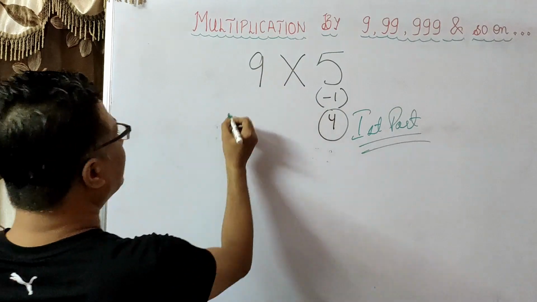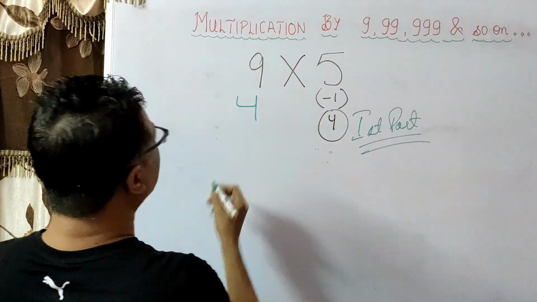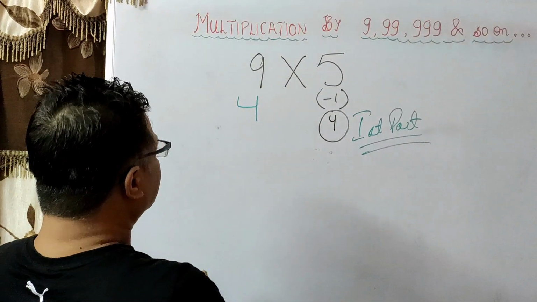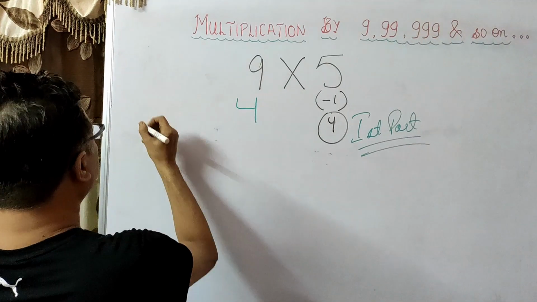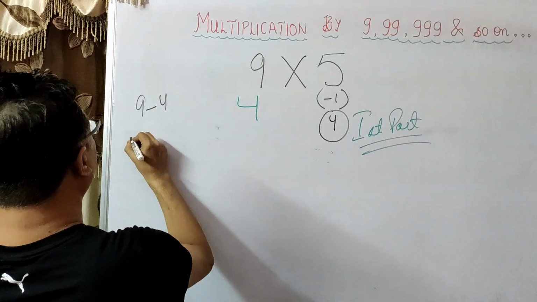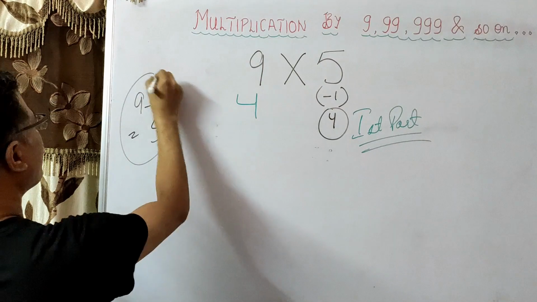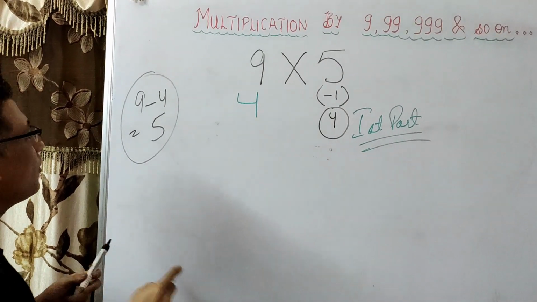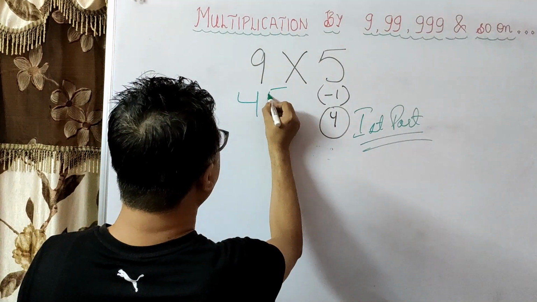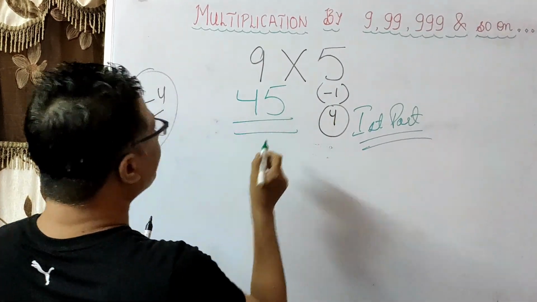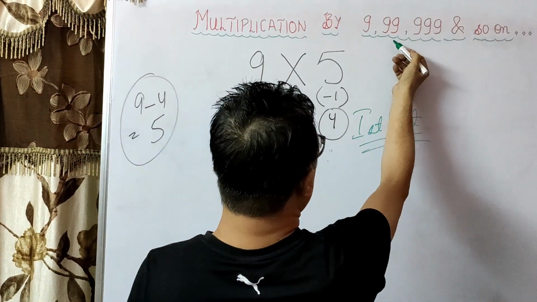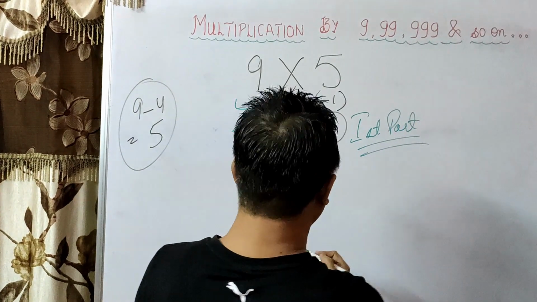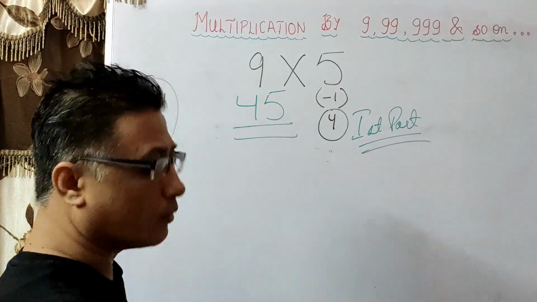And we'll write the first part over here. Now the second part of the answer is 9 minus 4, which is equal to 5, and the second part of the answer will go here. So this becomes very important when we multiply by 99, 999 and so on.